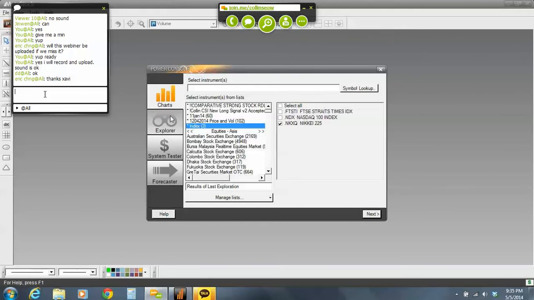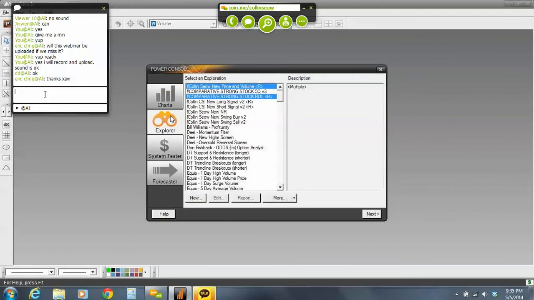So step one is to go to Explorer. When you're in Explorer, select new price and volume, select comparative scan, this tool.